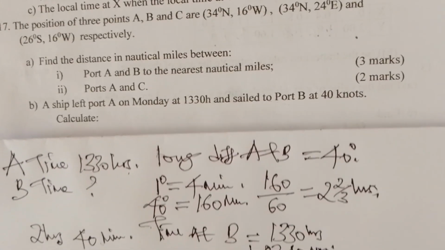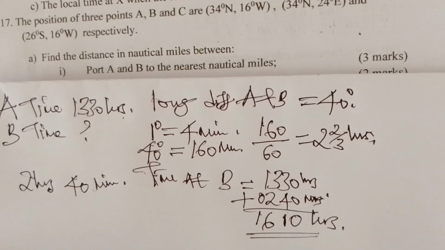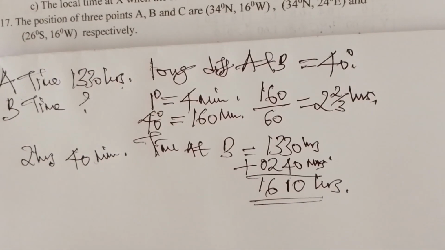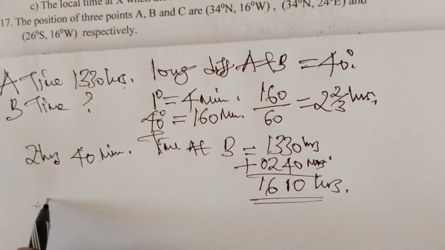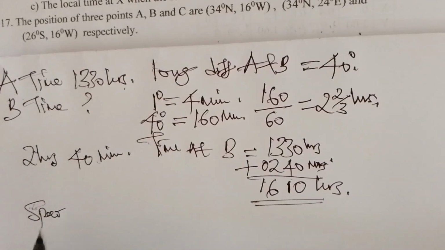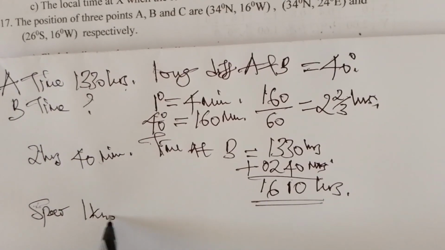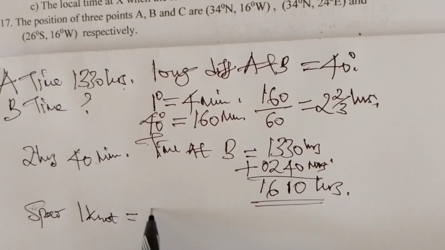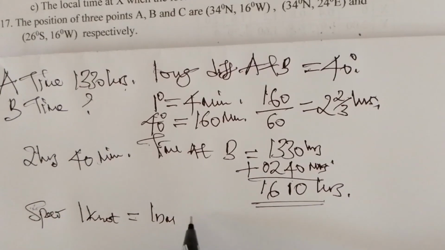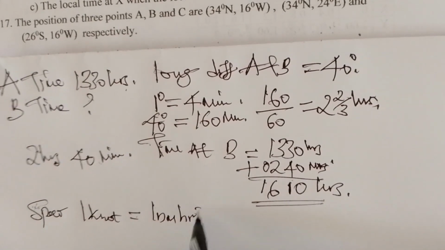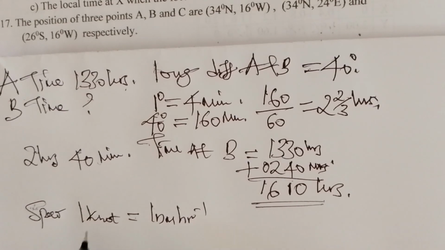Now, 1 knot is 1 nautical mile per hour.